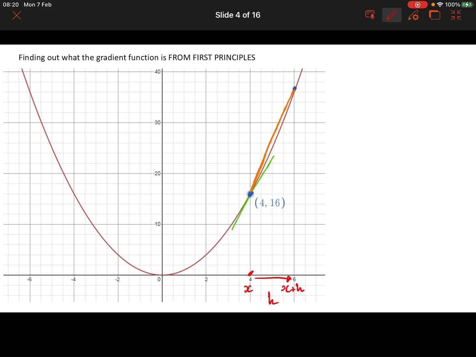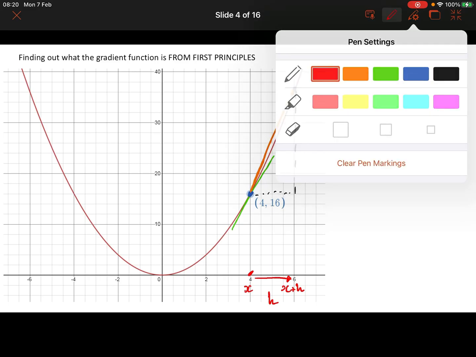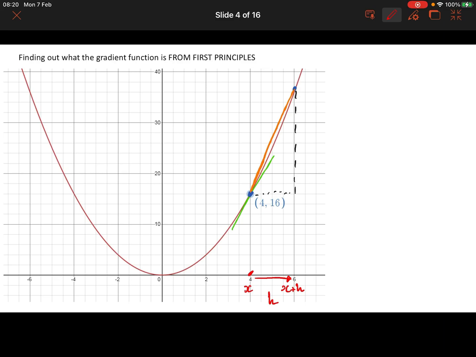So now how do I actually find out what the gradient of this orange line is? Well, you know, it's rise over run. You should know that from GCSE. So what is that? Well, what we know is if this is the x value, then its y value is f of x. Okay? By the way, I should have told you that this is just the function y equals x squared. Okay?